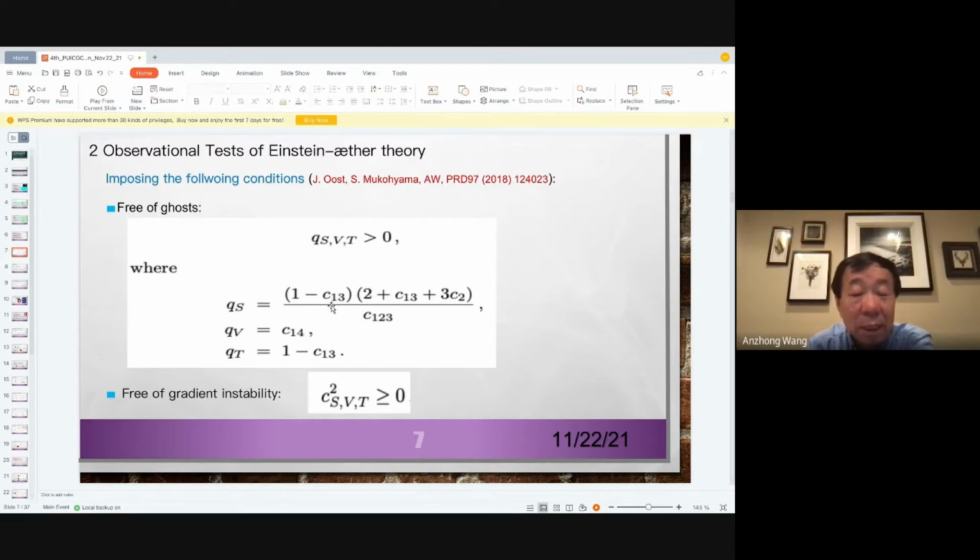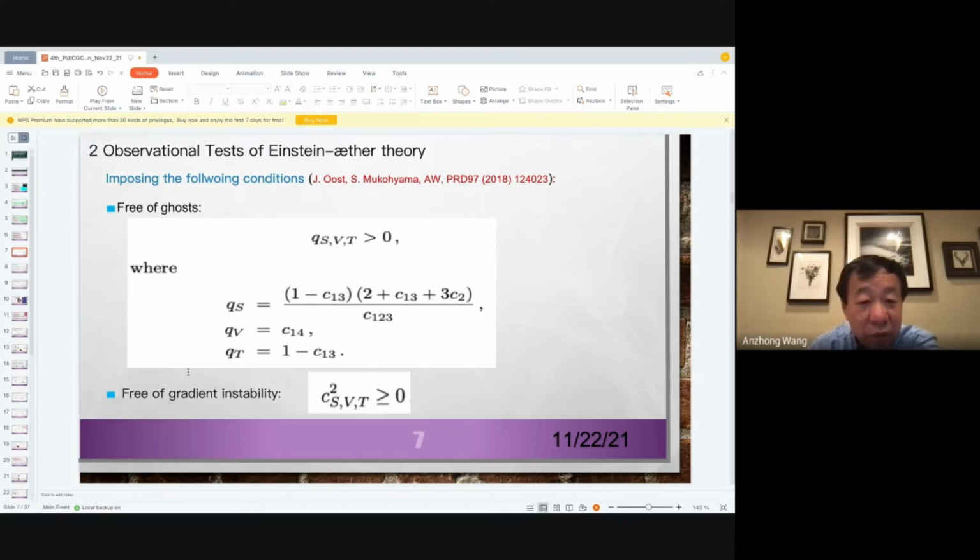The kinetic terms of the scalar mode, vector mode, and tensor mode, their coefficients have to be positive, otherwise the theory is sick. So you will see there are three coefficients we call Q_S, Q_V, Q_T, where SVT stands for scalar, vector, tensor. All of them must be greater than 0.